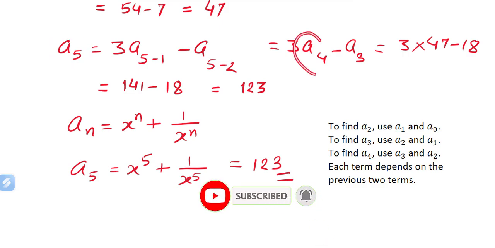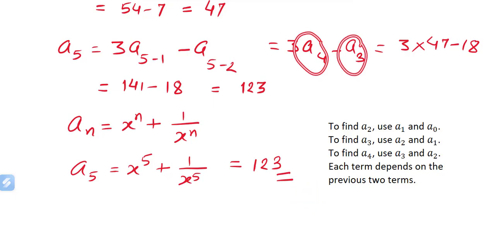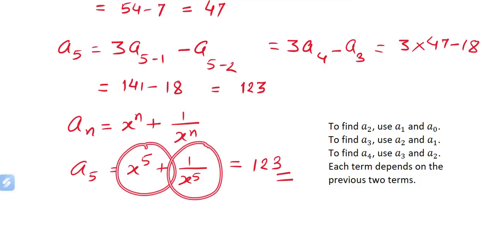That means each term depends on the previous two terms. So this is when we use the recurrence relation. And this is how we can find the value for x power 5 plus 1 over x power 5 using the recurrence relation.